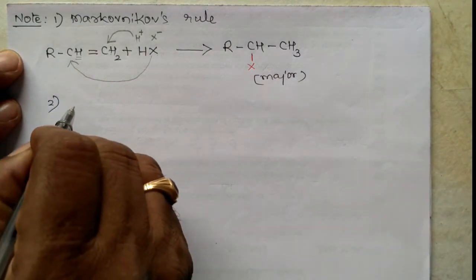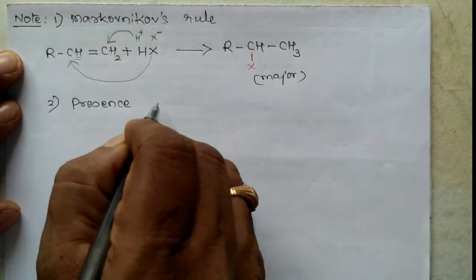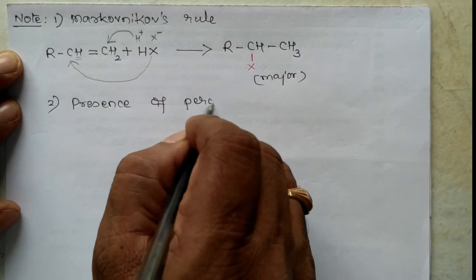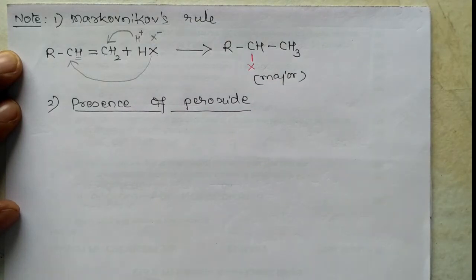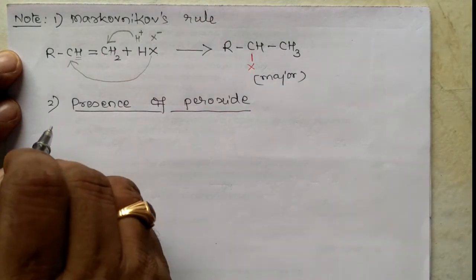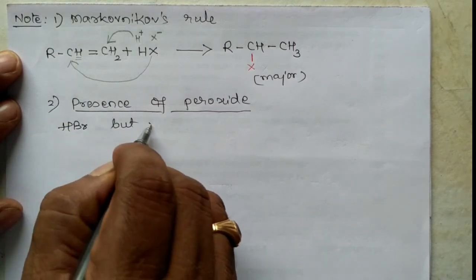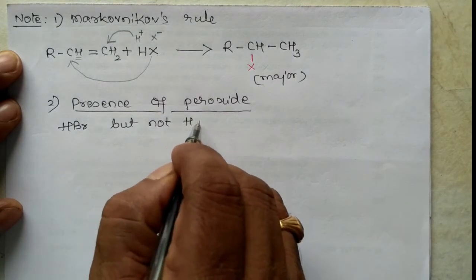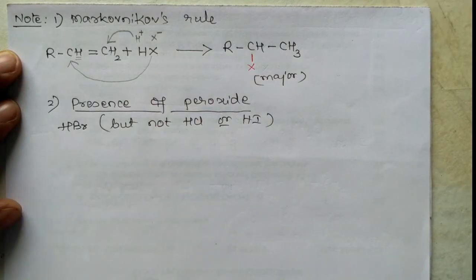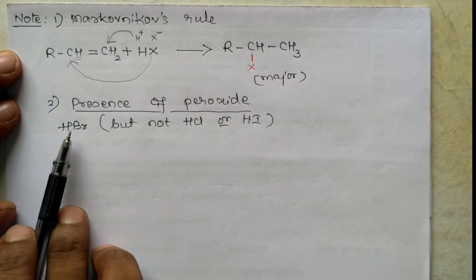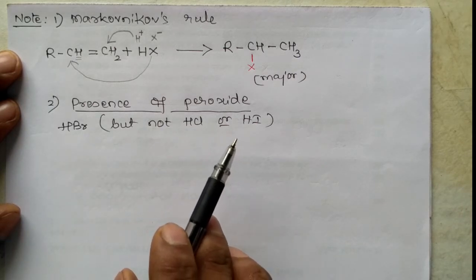Second one, in the presence of peroxides, organic peroxides such as benzoyl peroxide, the addition of HBr, it is applicable only to this, addition of HBr but not HCl or HI. In the presence of peroxides, the addition of HBr but not HCl or HI occurs contrary to Markovnikov's rule.